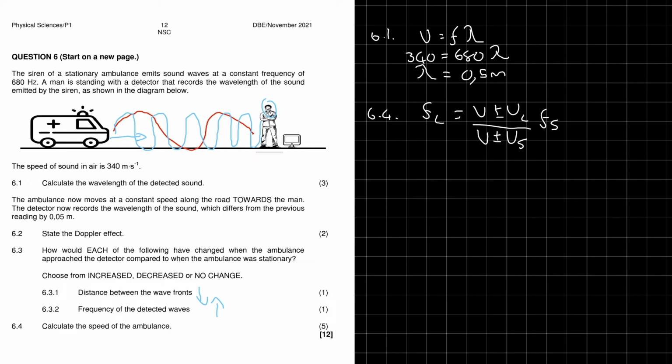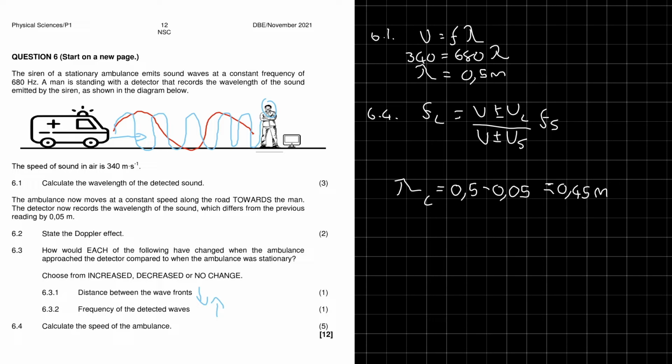Which means we can say that the wavelength the listener receives is going to equal 0.5 minus 0.05. Let me quickly calculate that: 0.5 minus 0.05 is 0.45. So that's the new wavelength.